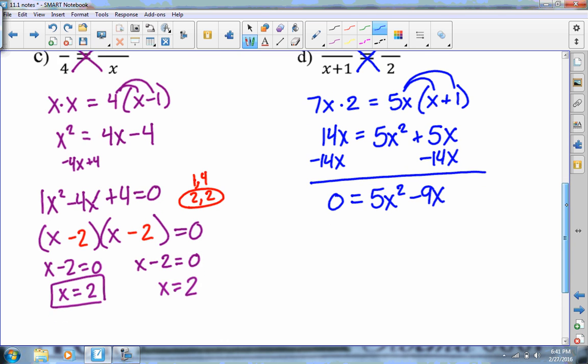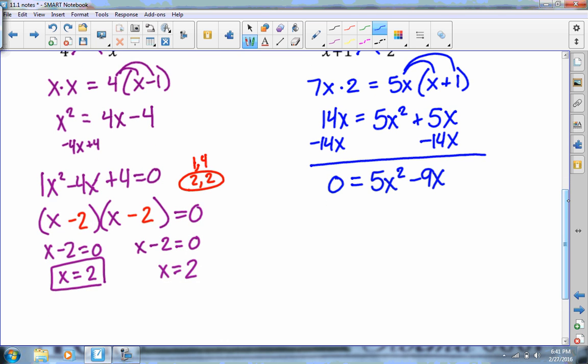Now I can still factor this to solve it, except I'm not going to do guess and check. I'm going to do that very first type of factoring that often gets overlooked, and that is taking out a greatest common factor. And both of those terms have an x in them. So then I'll have 5x minus 9 as my leftovers after I take an x out of the first term and an x out of the second term.